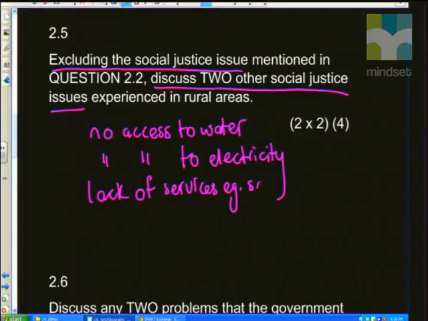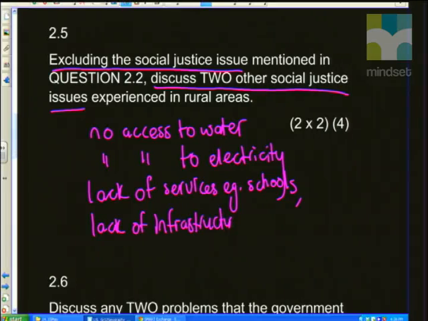And they also probably had a lack of infrastructure. And that will get you your 4 marks, but you only needed 2. Right, moving on.